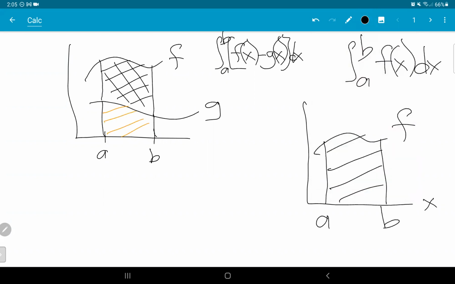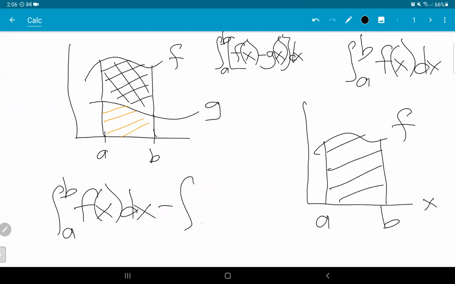Now the area under the curve F, this whole area here, is given by the integral from A to B of F. And the area of this region is given by the integral of G from A to B. So it's this area minus this area.